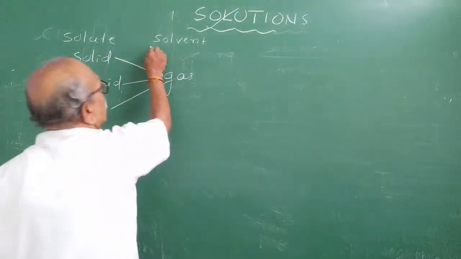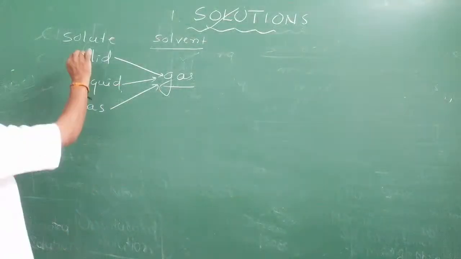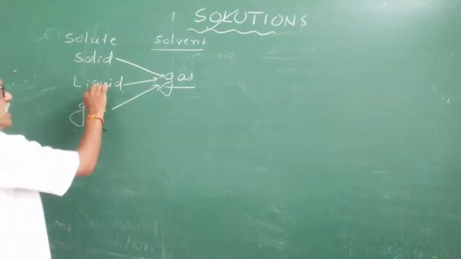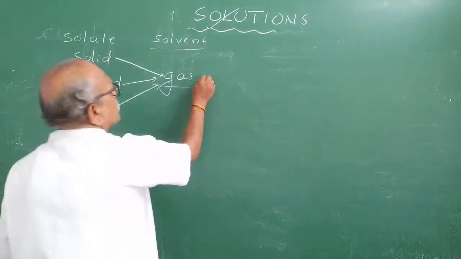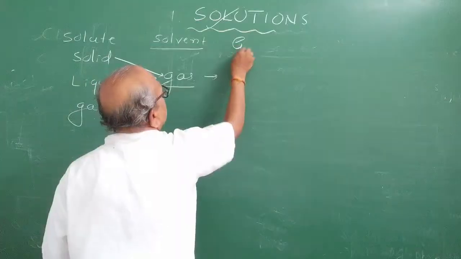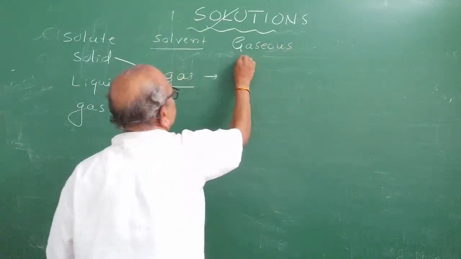And the solvent will decide the physical state of the matter. Means solid in gas solution, liquid in gas solution, and gas in gas solution, and such solutions are called gaseous solutions.